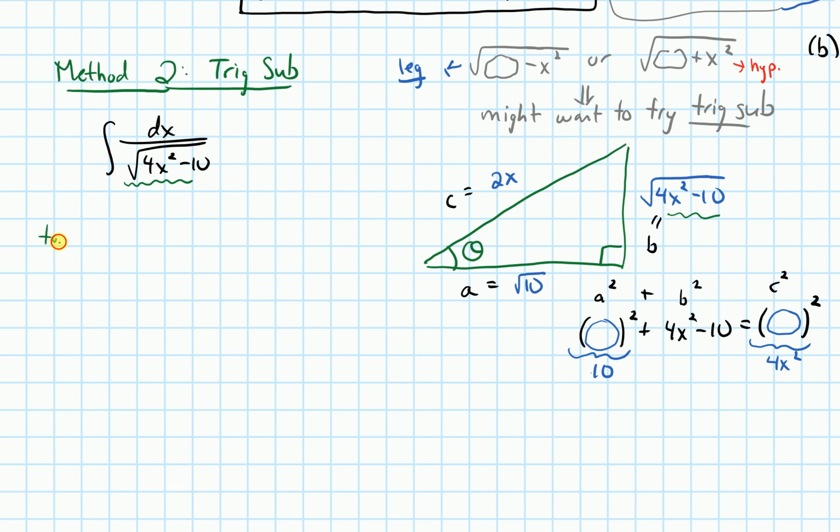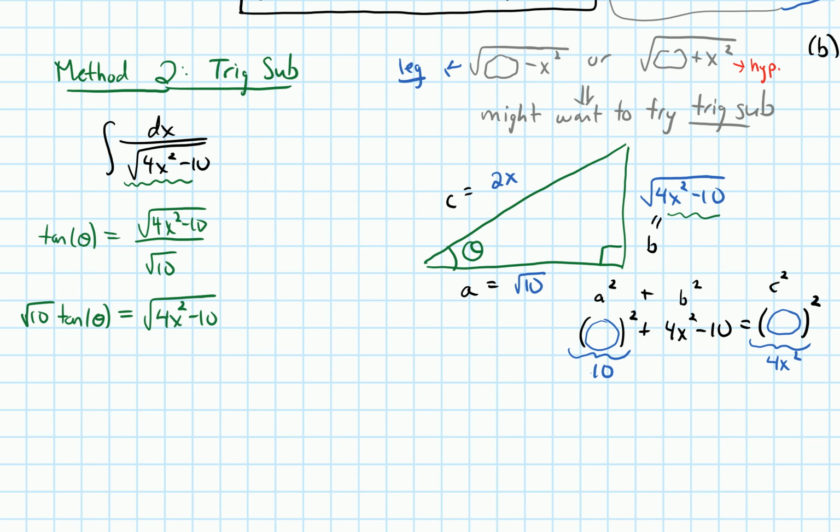But tangent would be better, because tangent would give me that square root of 4x squared minus 10, divided by root 10, and the thing on the denominator doesn't have a variable, which is good. Okay, and then if I isolate for that square root, we get root 10 times tangent theta equals the square root of 4x squared minus 10.